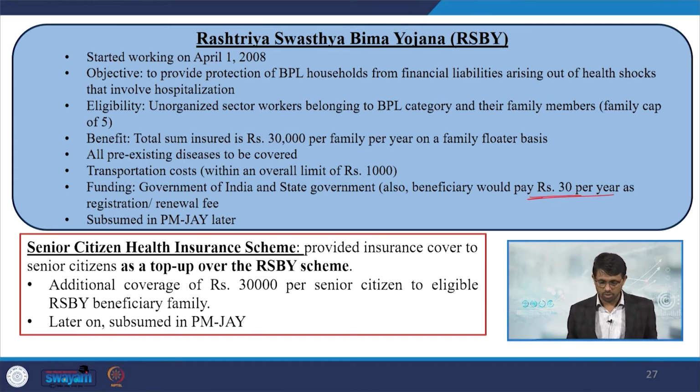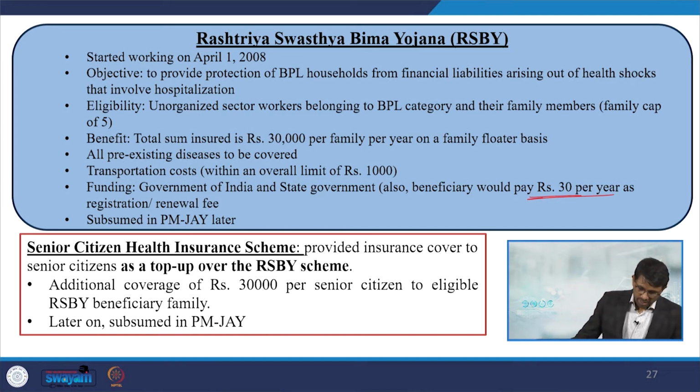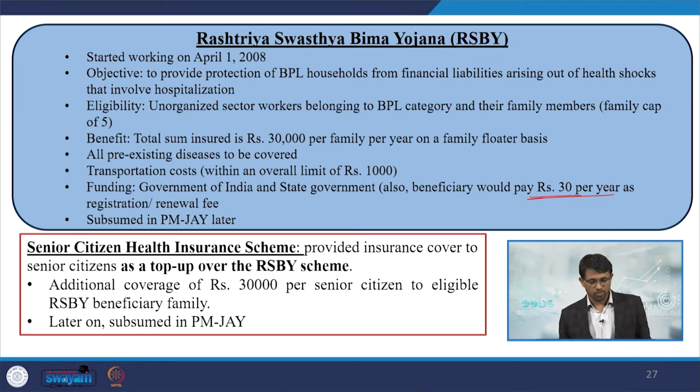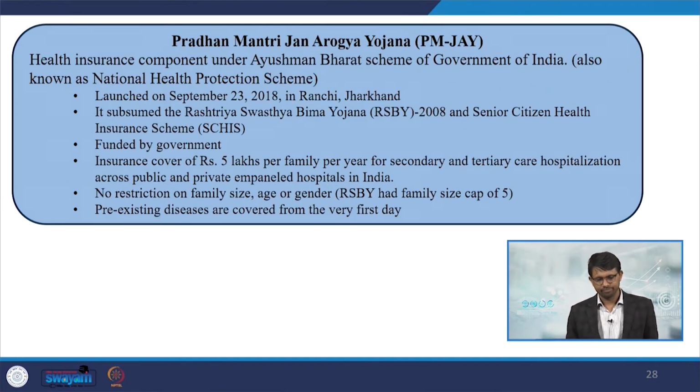So RSBY is no longer in force; now we are actually referring to PMJY. Another scheme is the Senior Citizen Health Insurance Scheme, which provided insurance coverage to senior citizens as a top-up cover for the RSBY scheme, with additional coverage of 30,000 rupees per senior citizen to the eligible RSBY beneficiary family. Later on this was also subsumed with PMJY.